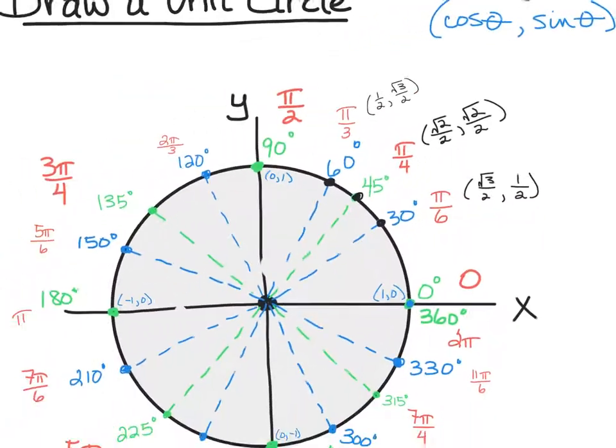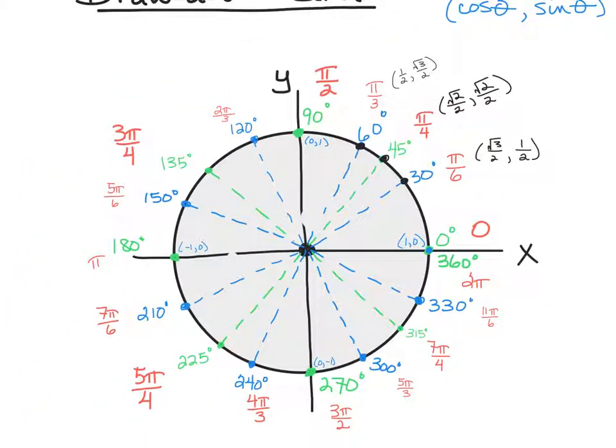But then what I want you to keep in mind is that all of this unit circle has symmetry. And so if you were to draw, they talk about it like a bow tie, with all of the angles, let's start with the 30, all of the angles that have a 30-degree reference angle, they should all have the same x and y coordinates with just different signs based on the quadrant.